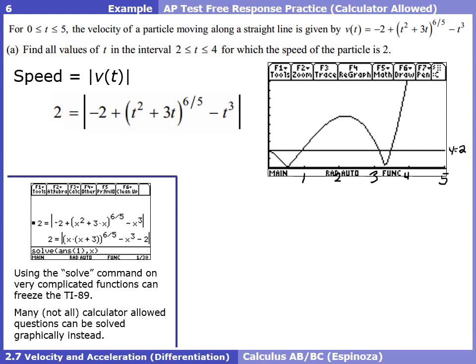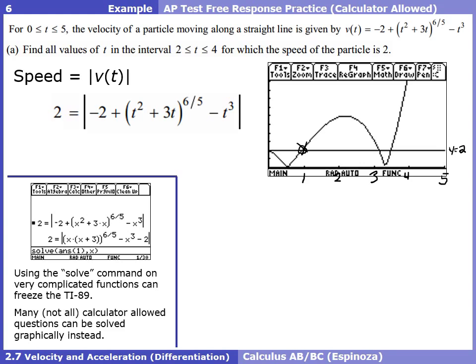From 2 to 4, how many times do our 2 graphs cross? Well, they cross twice. Once over here and once over here. The one time it crosses over here doesn't count. It's not in the window. It's not in the interval that we're looking at.